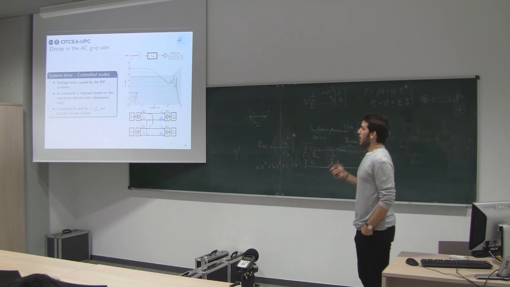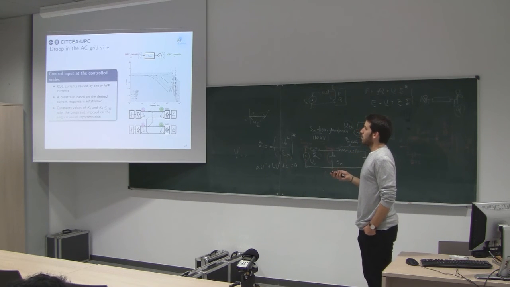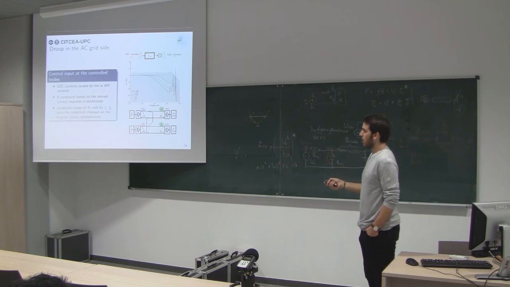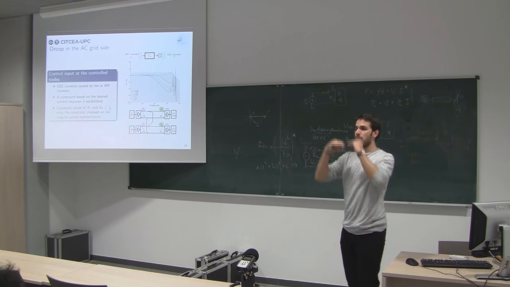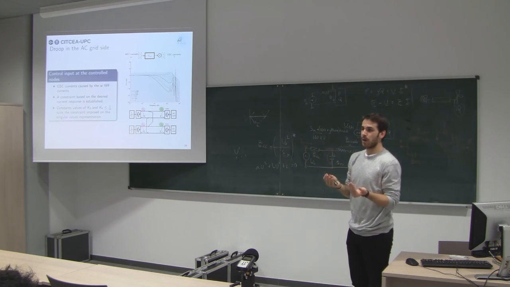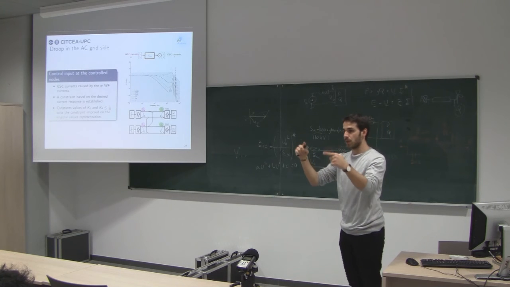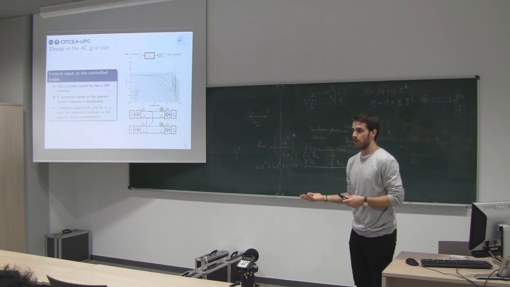Okay, then the other transfer function that we analyzed is, as I said before, the one relating the current from the wind farms to the current from the grid side. So if we have a 1 per unit input on the wind farms, we don't want to exceed the 1 per unit output, because otherwise we will burn the converter.